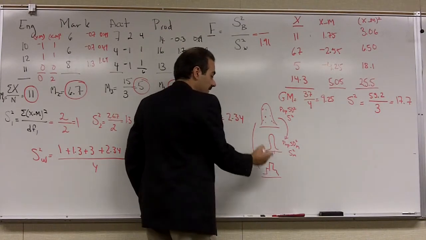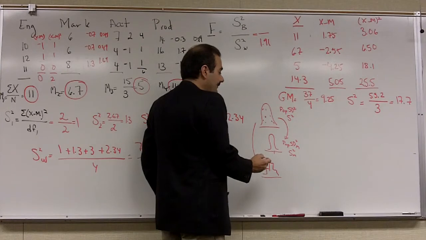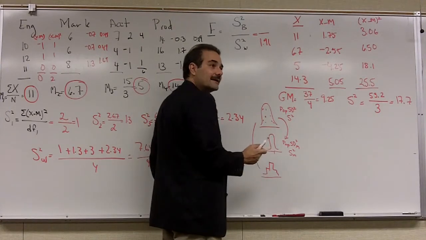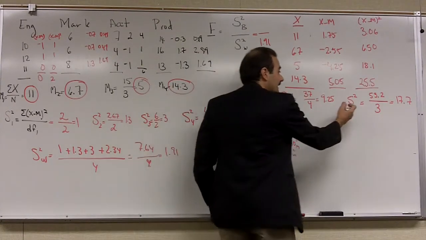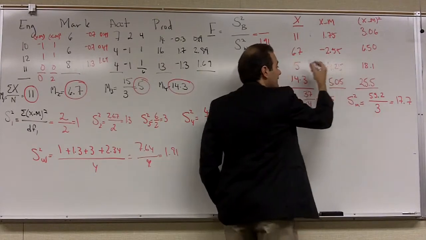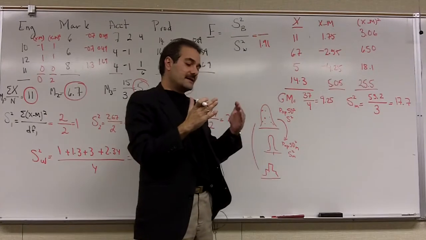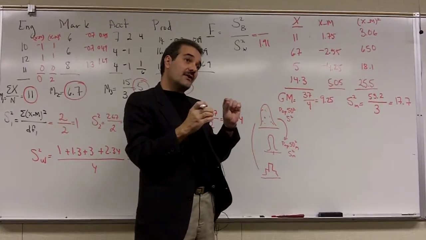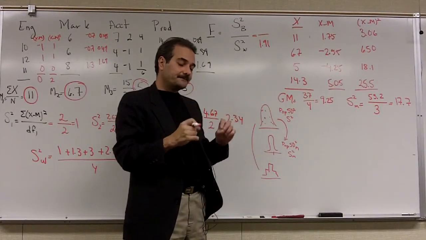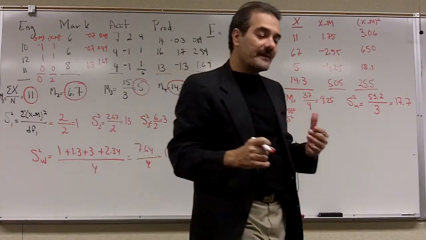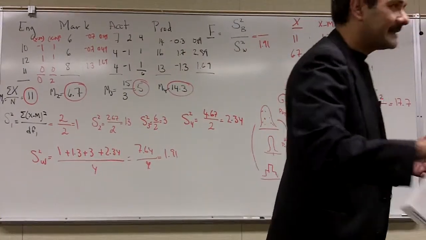Now, what we've done here is actually we calculated this indirectly. We calculate this by seeing how different each of these scores is from the mean of the population. And this is a little bit extra.